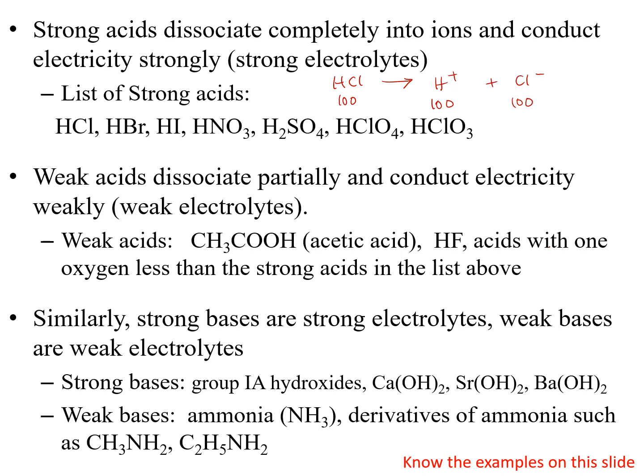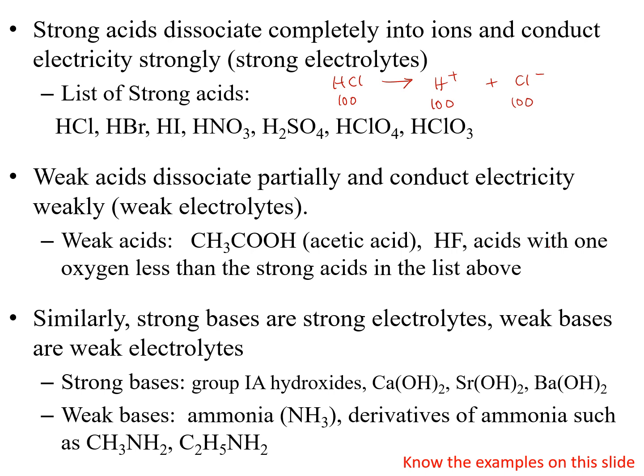On the other hand, weak acids dissociate partially, and therefore they conduct electricity weakly and will be weak electrolytes. Again, you should be familiar with these weak acids. Acetic acid is a very good example of a weak acid, and hydrofluoric acid is another example.